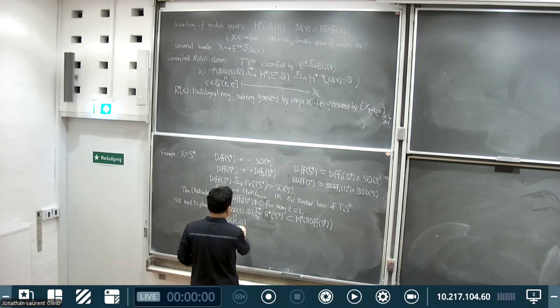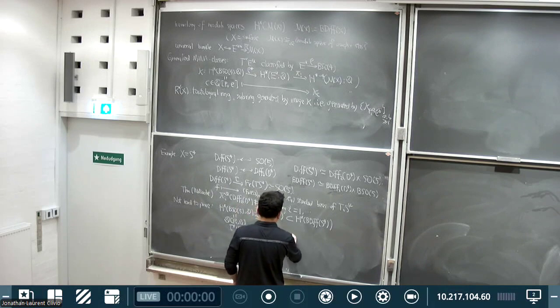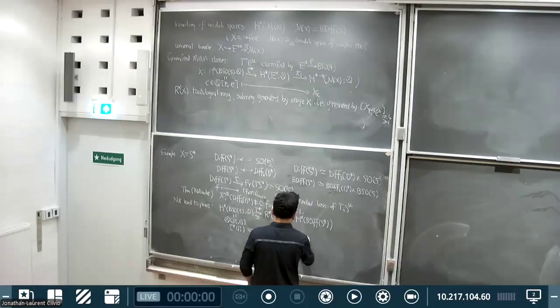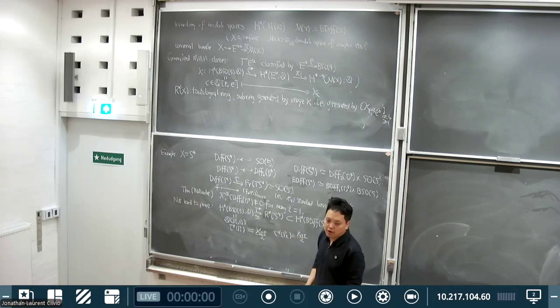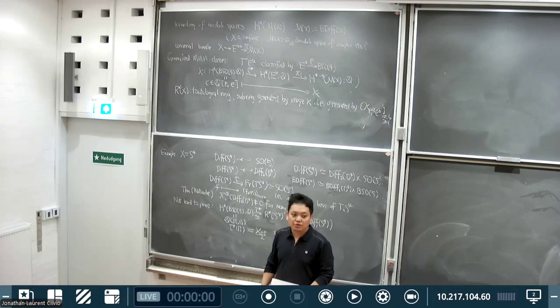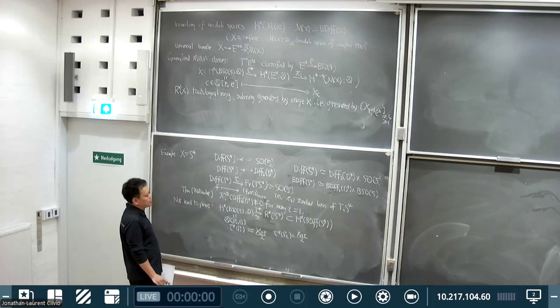So under this map, P1 goes to the top class of P1 over 2, and P2 goes to P2. Essentially because of all the Pontryagin numbers. You can prove this using a lemma.